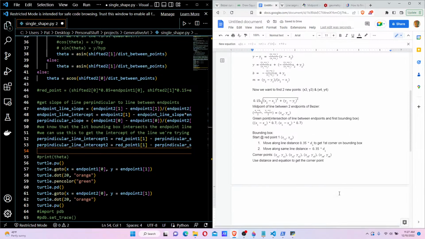So I guess the first thing is that it has to lie along the line, has to lie on the perpendicular line.